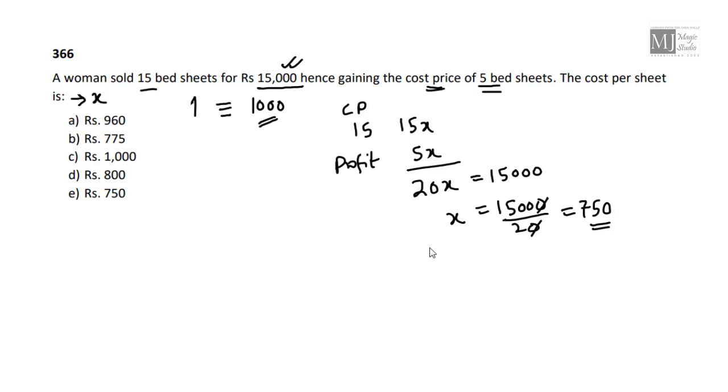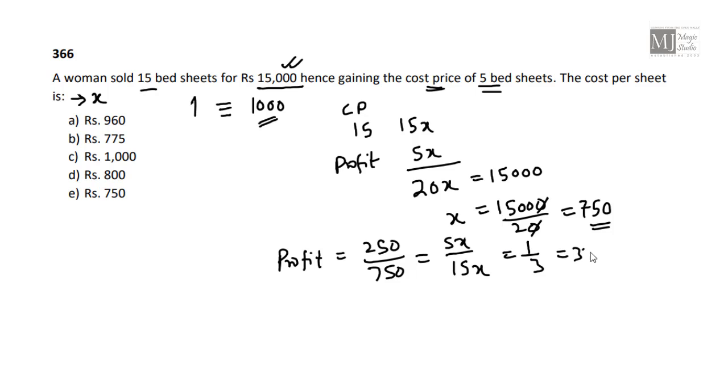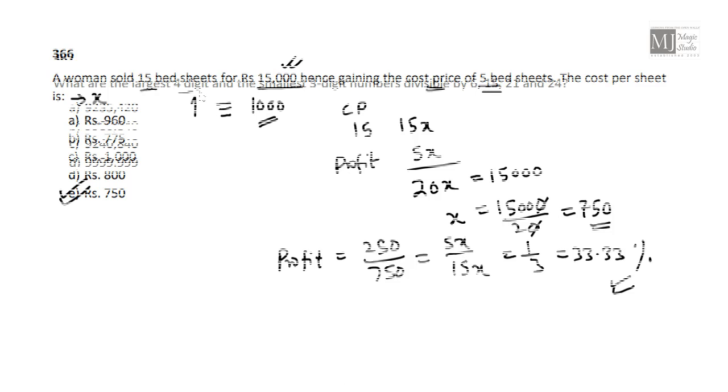So if cost per sheet is asked, that is rupees 750. If profit percentage is asked, that is 250 by 750 or 5x by 15x, 1/3, 33.33% is the profit. So option E fits in.